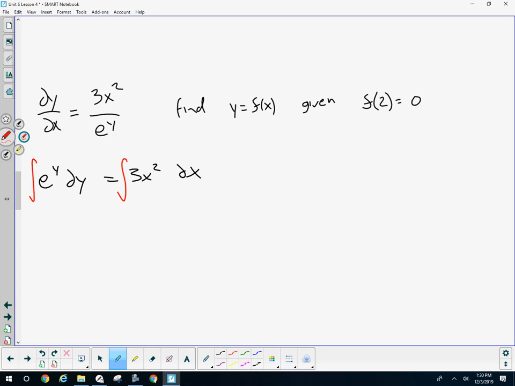It's not the derivative. You don't need a dy dx. The antiderivative of e to the y with respect to y is just e to the y. Now, to solve for y, I need to take the log of both sides. But make sure you take the log of the entire right side.